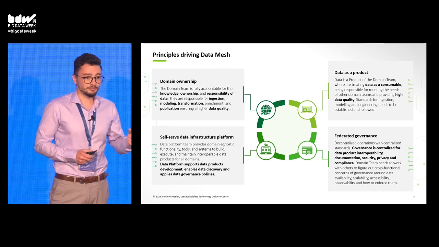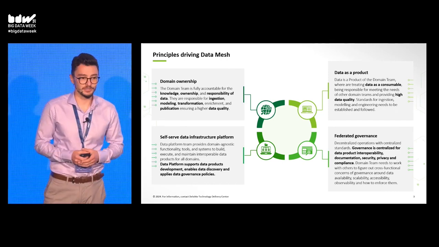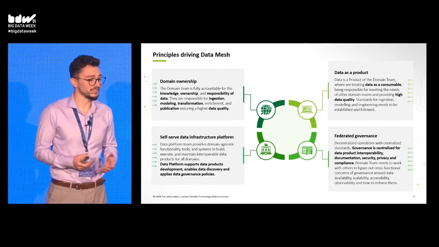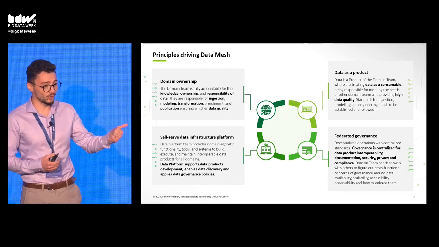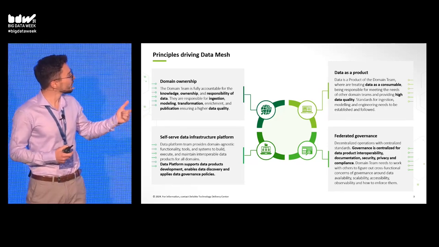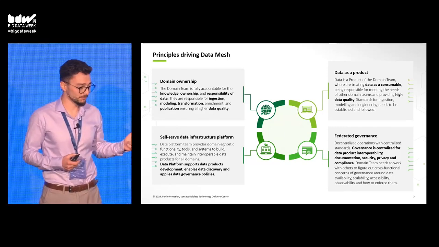And the first principle that I would like to talk about is domain ownership. In data mesh, there are multiple domain teams, and each one of them is fully accountable for the knowledge, the stewardship and responsibility of data.